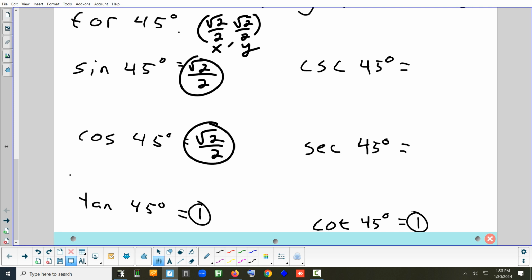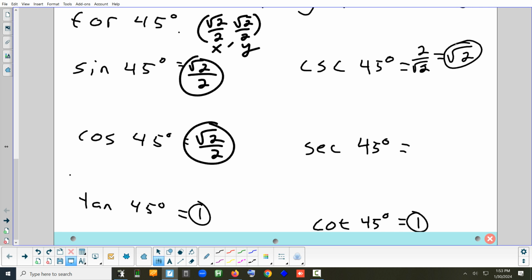You get 2 over the square root of 2, which would just be square root of 2. So when you fix it and get rid of the root in the bottom, it's just square root of 2. Any question on how we fix that?